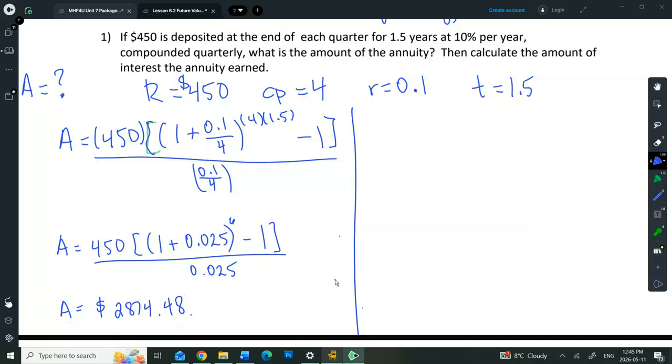So the interest is going to be the total amount of the annuity minus all of the payments that we made.